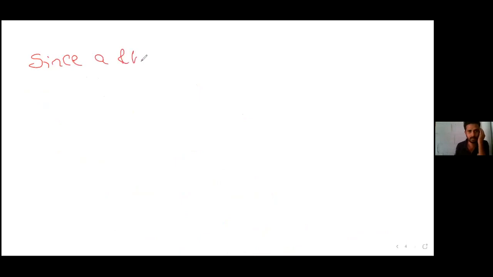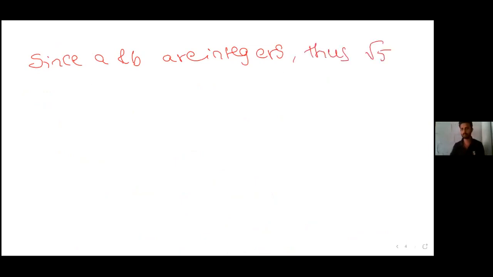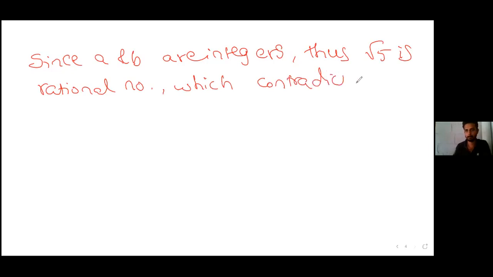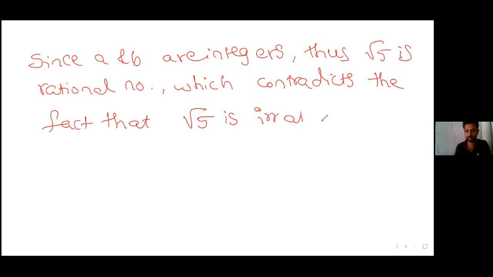Since a and b are integers, thus root 5 is a rational number, which contradicts the fact that root 5 is irrational.